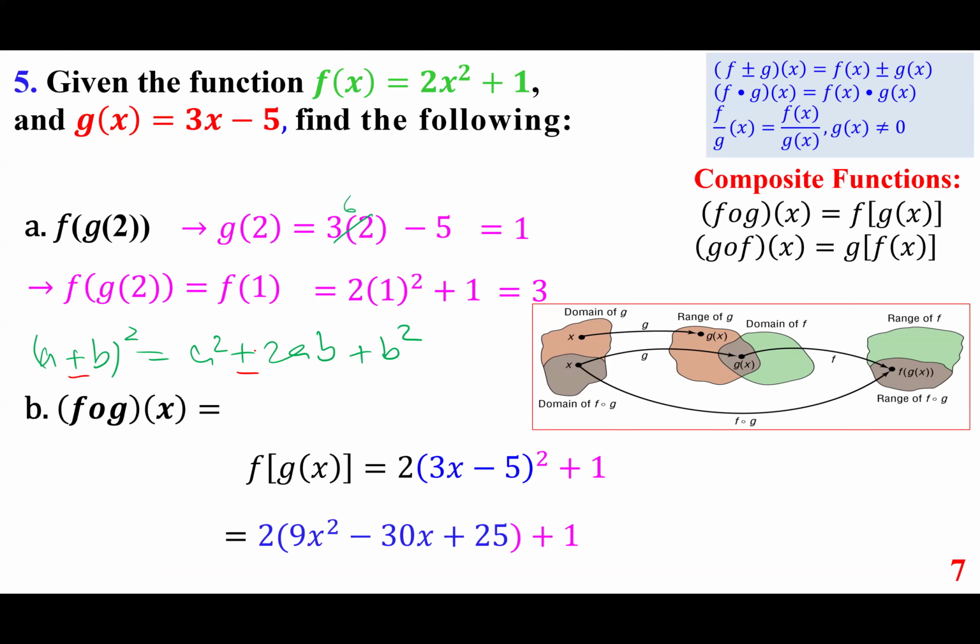Now we are going to distribute and we get 18x squared minus 60x plus 50. Everything remains the same except 50 and 1. They add up to 51.